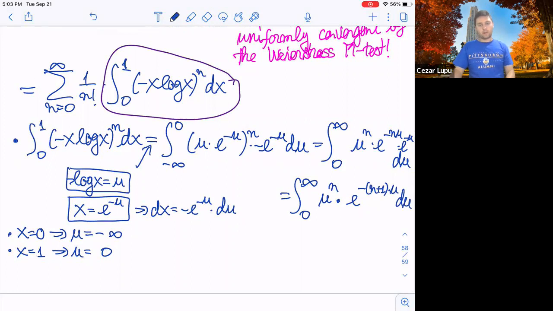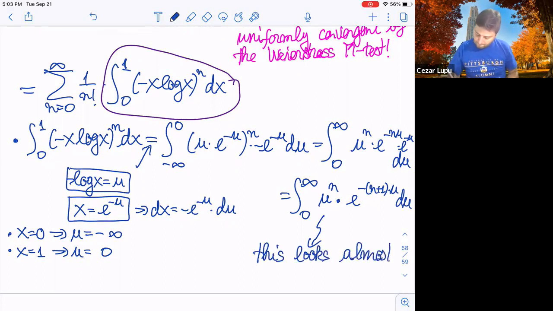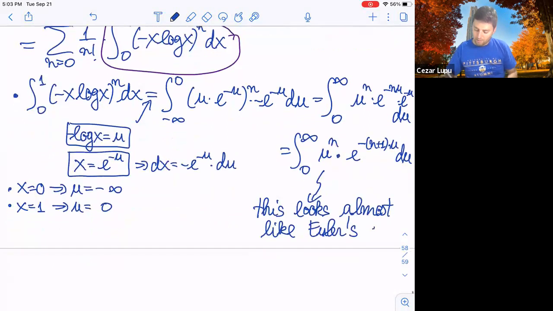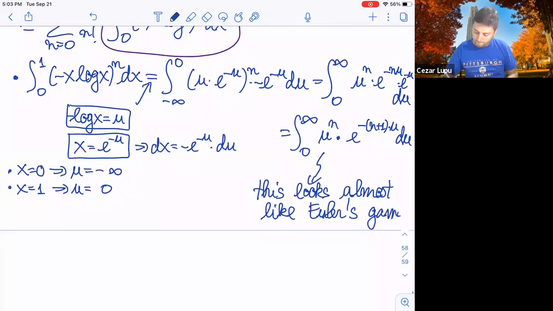This is almost looking like the gamma function, right? Almost. So maybe we can perform another change of variable. So this looks almost like Euler's gamma function. I think I've said a few things about it.